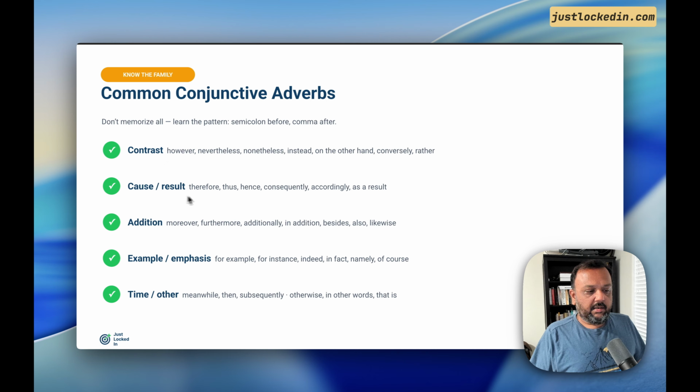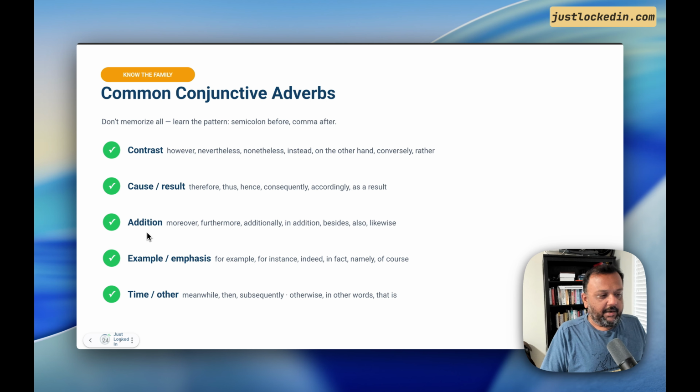Similarly, cause and result, like the example we saw just earlier: therefore, thus, hence, consequently, accordingly, as a result. For example, you could say, Jack walked to school every day. As a result, he maintained a healthy weight or whatever.